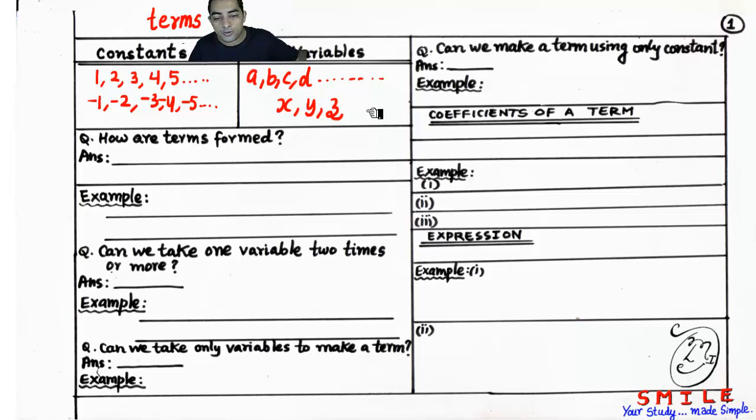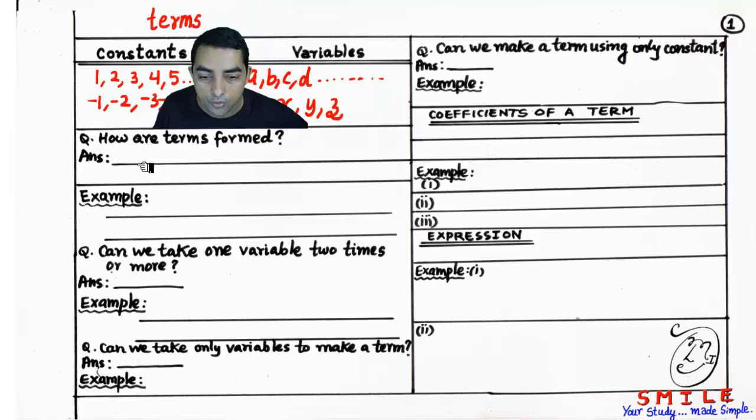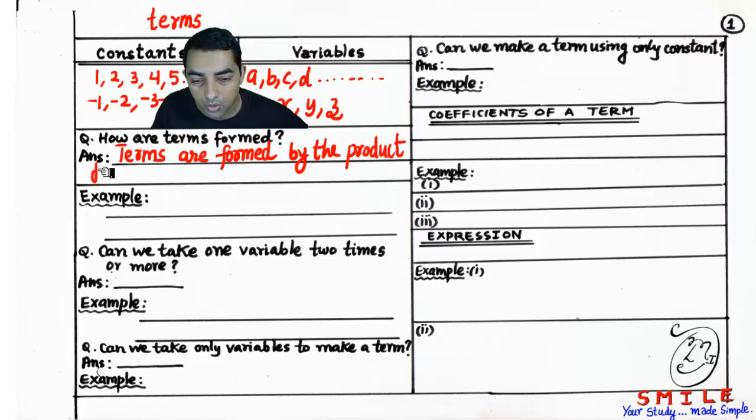So then we come to how terms are formed. Let us first write down how terms are formed. Terms are formed by the product of variables and constants.